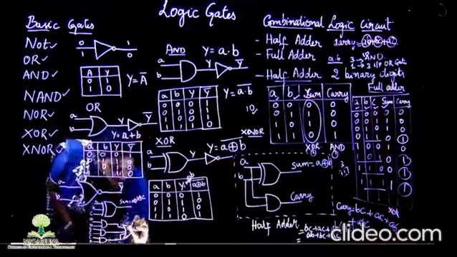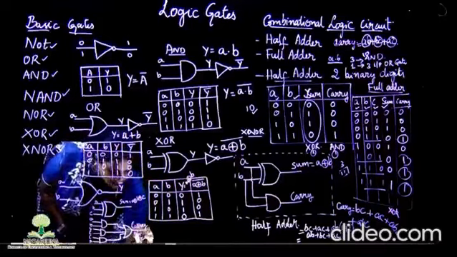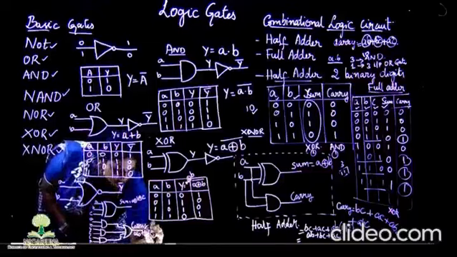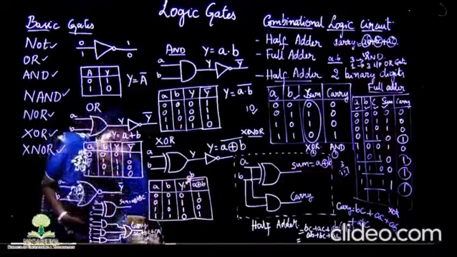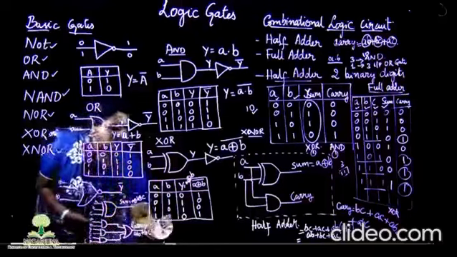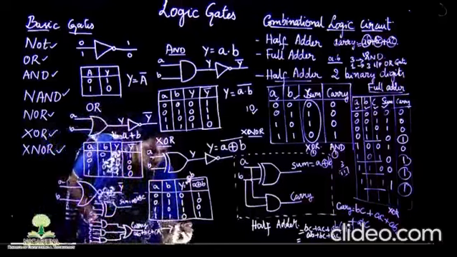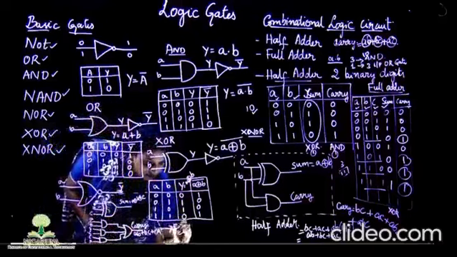This will give you the carry. So, the carry equation is AB plus BC plus CA. Together, this is a combinational logic circuit for full adder.